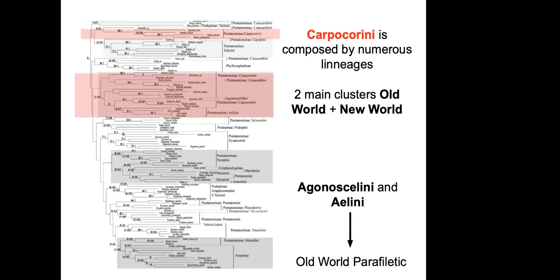The Old World Carpocorini was found to be paraphyletic because the current tribes Aeliini, Agonoscelini and Nezarini clustered within this tribe. These tribes probably will need to be synonymized under the Carpocorini sensu stricto, while the New World Carpocorini probably needs to be redefined as a tribe by itself.